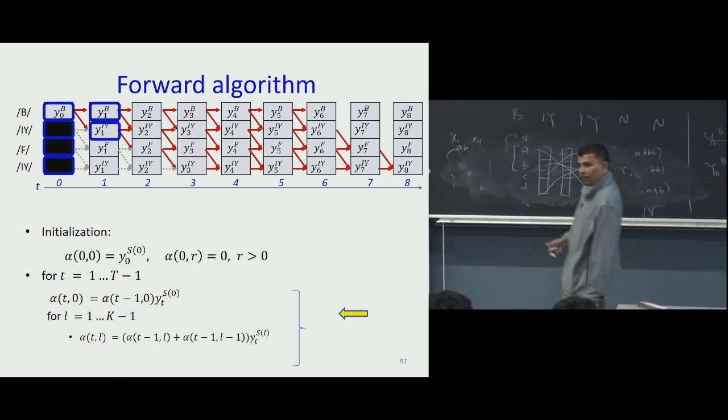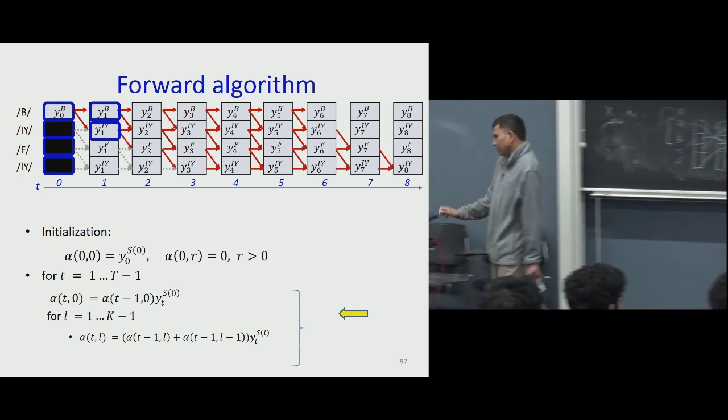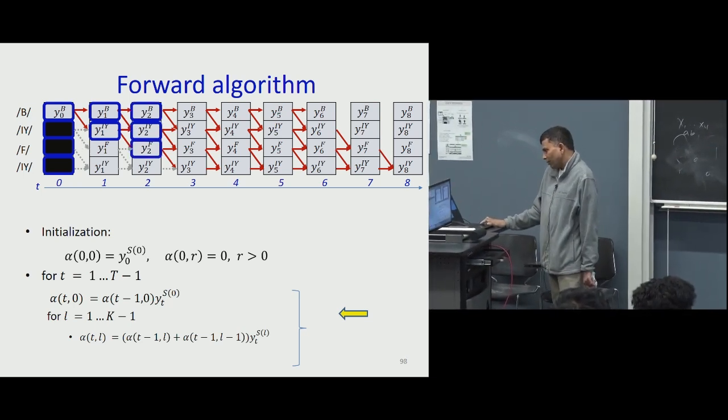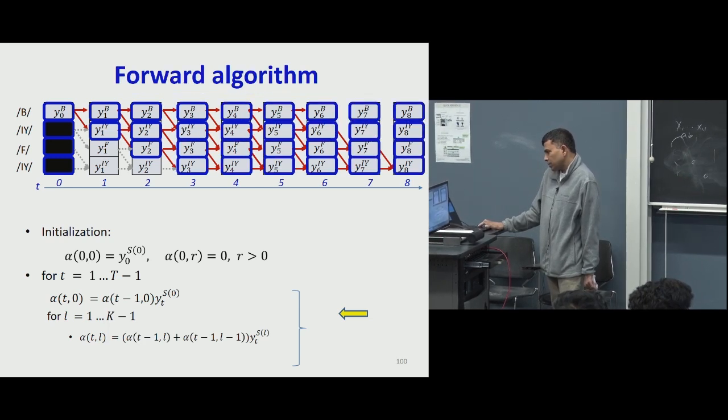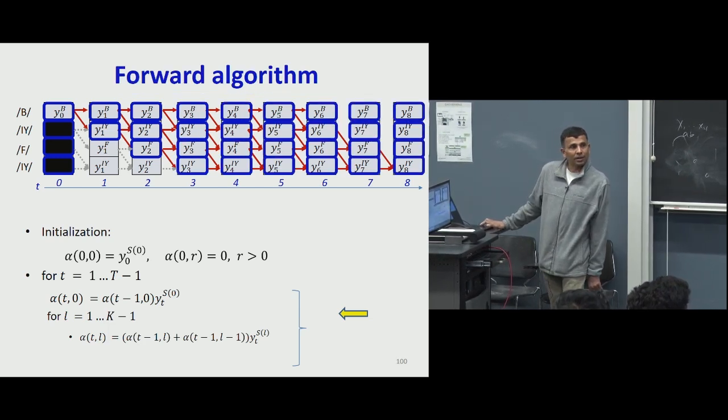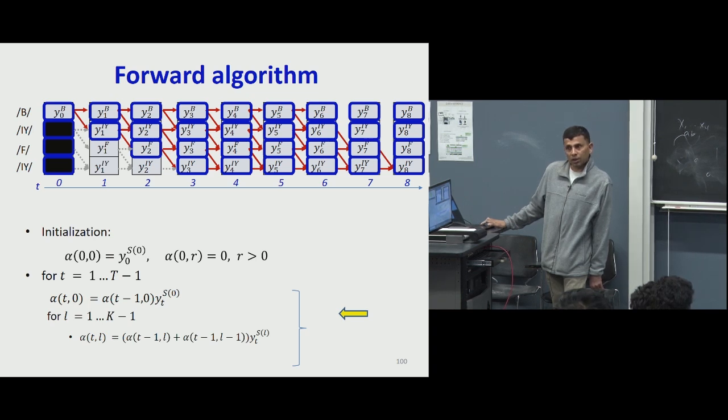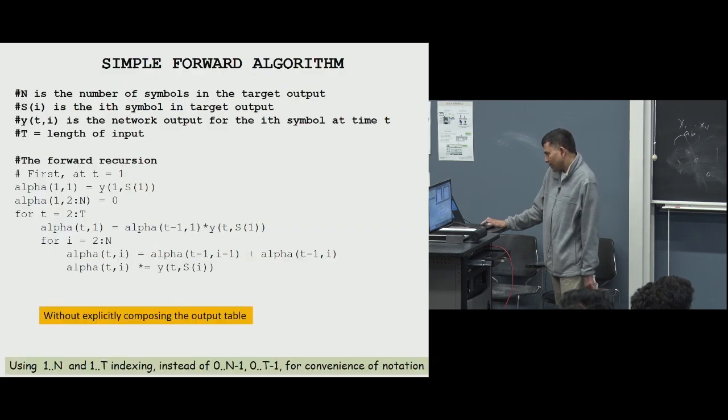And you do this for every symbol in the column. And you can keep doing this going forward until you've computed the alphas for the entire graph. At this point, you have the alpha for every single node in the graph. So there's some pseudocode here.